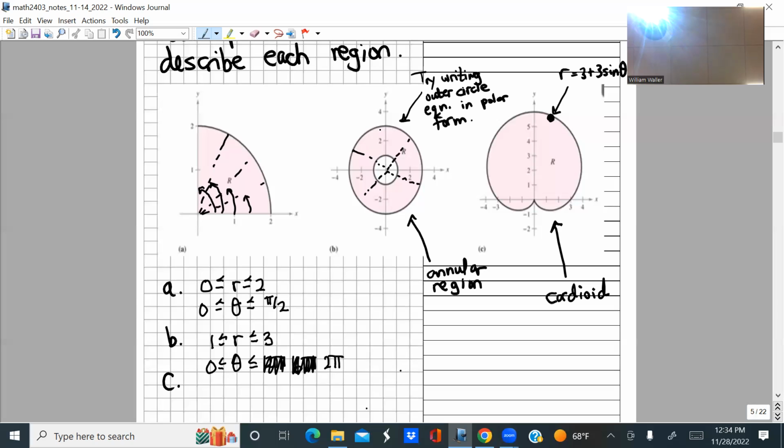Well, the trick to realizing what to do here is that the points that are on the cardioid, exactly on the black curve, their R value is exactly 3 plus 3 sine theta. So if we want points inside of the cardioid, we just need to change this equation to what?